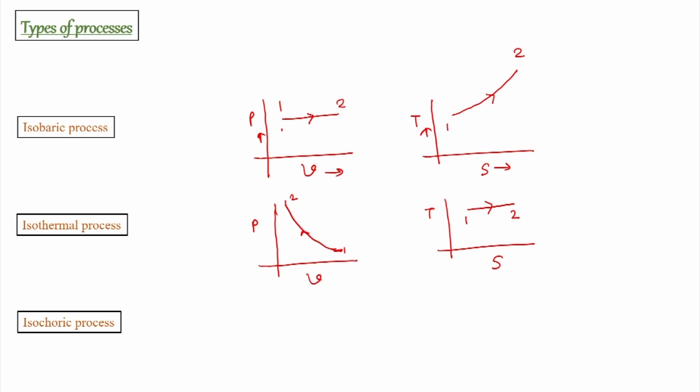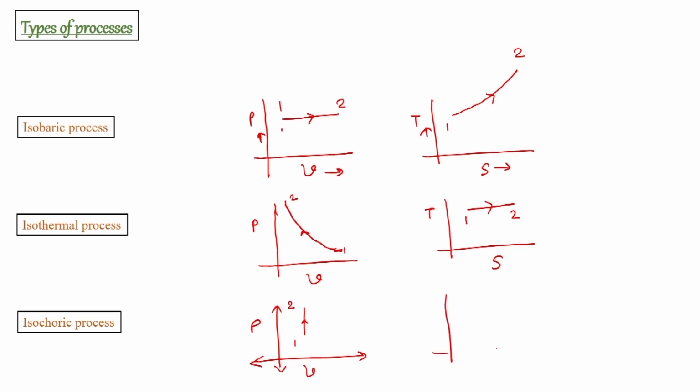Then we have isochoric process. As again the name suggests, isochoric means a constant volume process. So, it becomes the 1 to 2 process, which is a complete vertical line on the PV diagram.